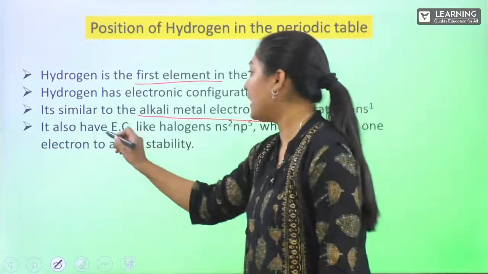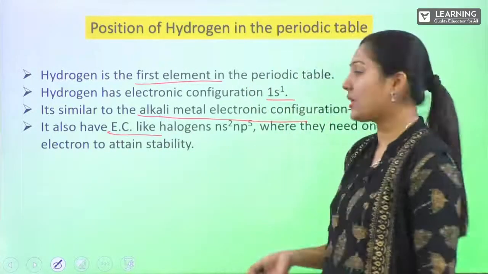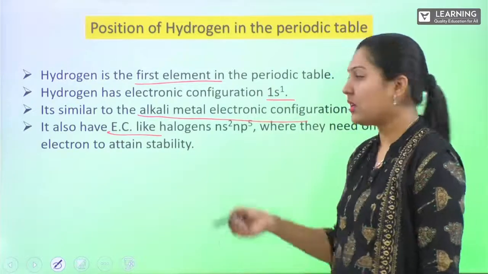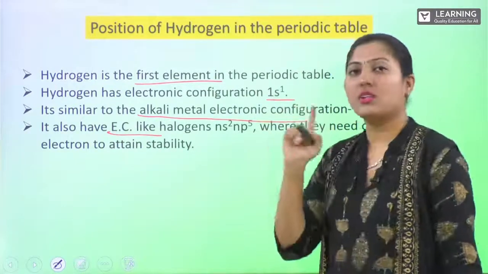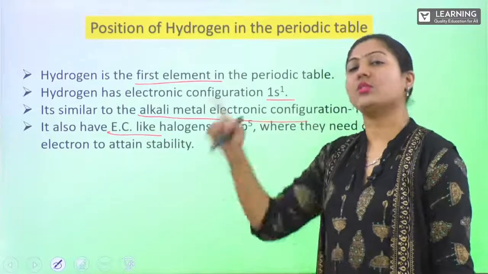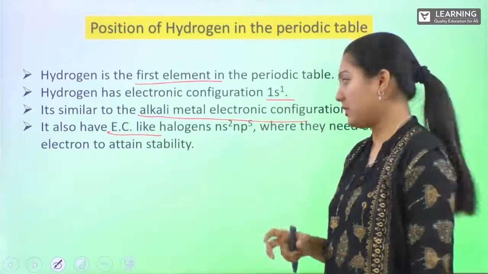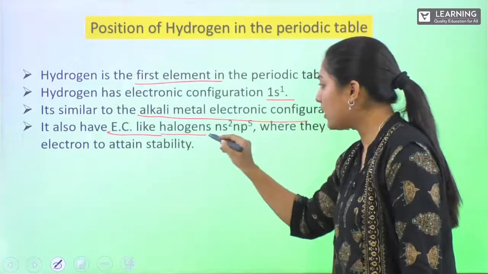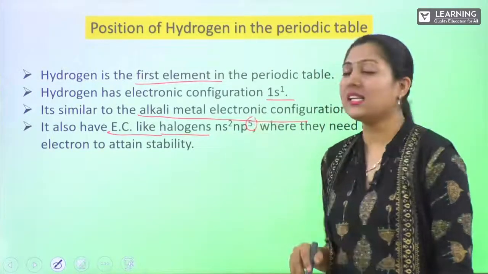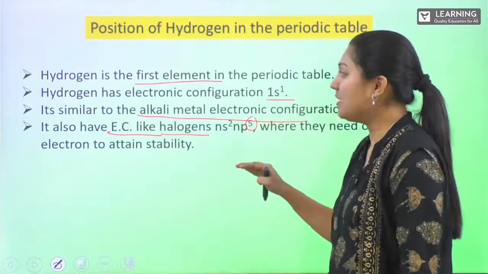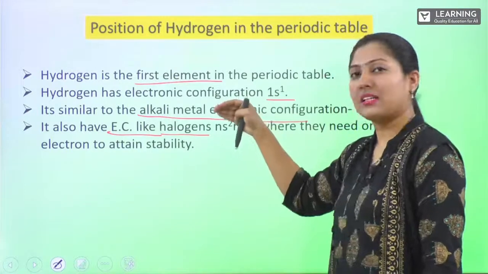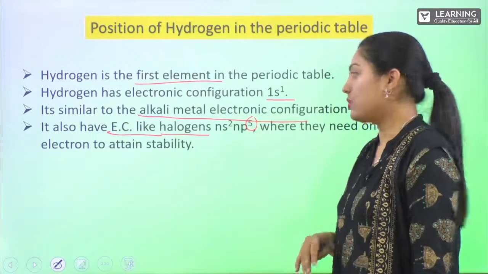It also has an electronic configuration similar to halogens, because hydrogen requires only one electron to complete its K shell, to get stability. Halogens also require only one electron to attain stability. So it has similarity with both the alkali metals and the halogens.